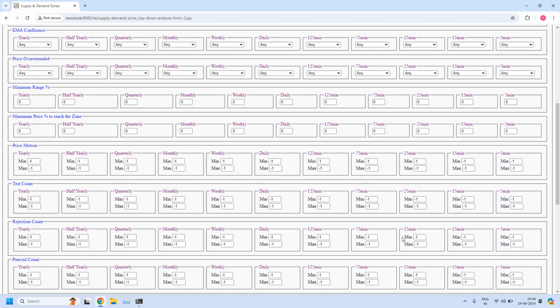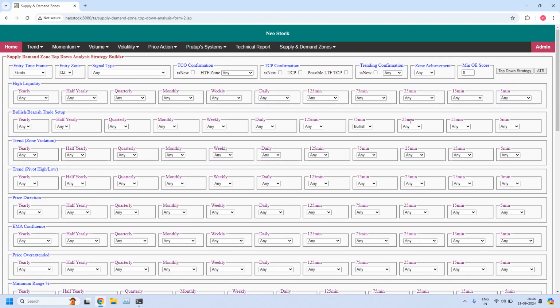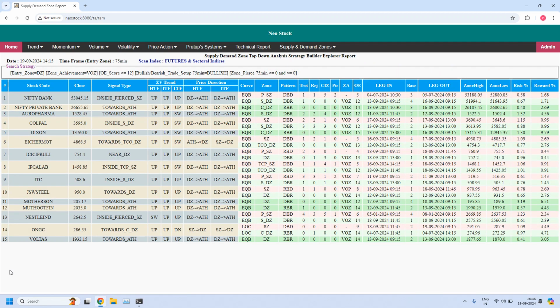So in the pierced count at 75 minutes time frame, minimum value I am setting 0, maximum value I am setting 0. So zone won't be pierced. And violated opposing zone, zone achievement, minimum odd enhancer score 12. All the three filters are applied to 75 minutes demand zone. So 15 stocks are filtered. All these 15 stocks are currently supporting bullish trade setup for weekly income trade.